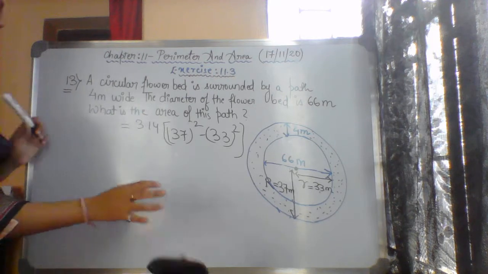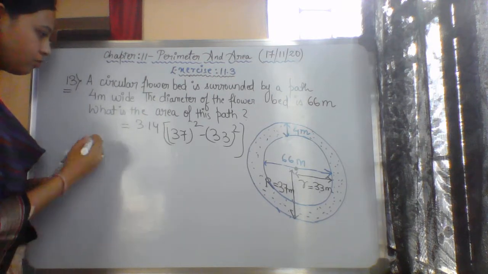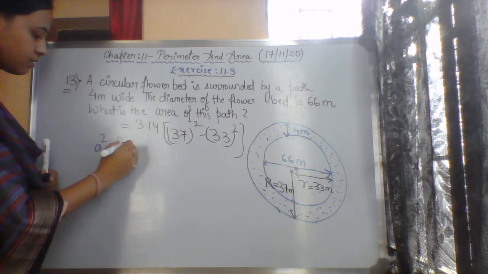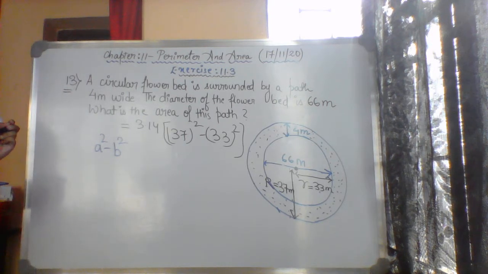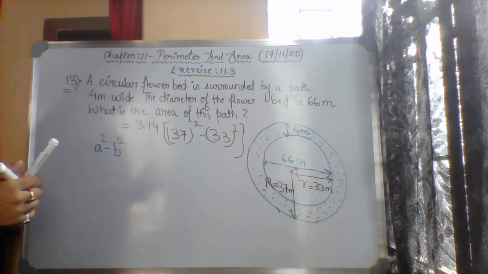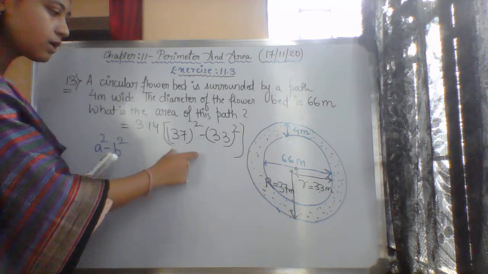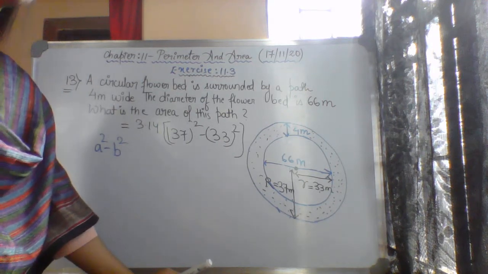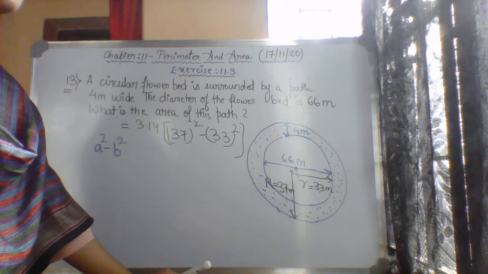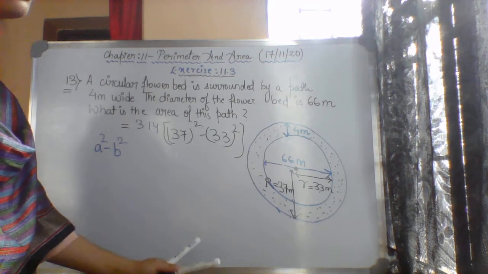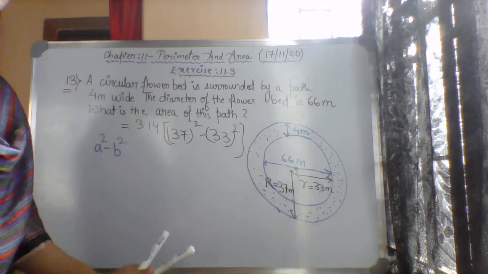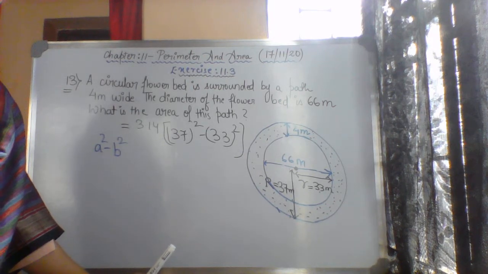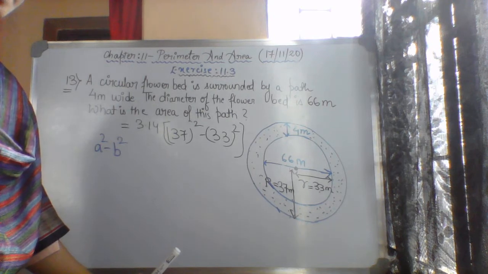If anything is written in the form a square minus b square, normal calculation you can easily find out, but using one property also you can find out. Again I'm mentioning, it is not there in your syllabus, but if you apply it, it will make your calculation easy. There is nothing wrong in learning a new thing, so we will learn this also.